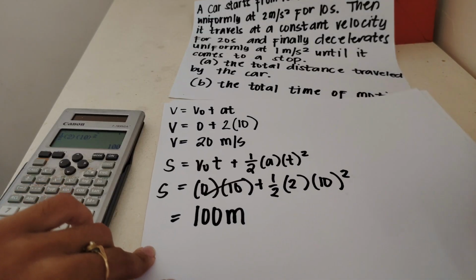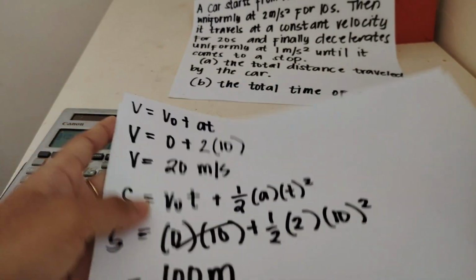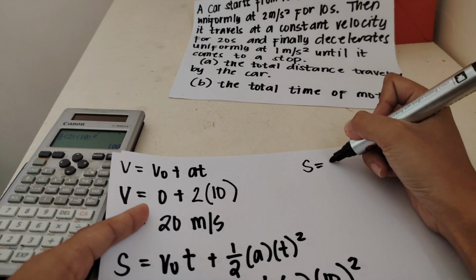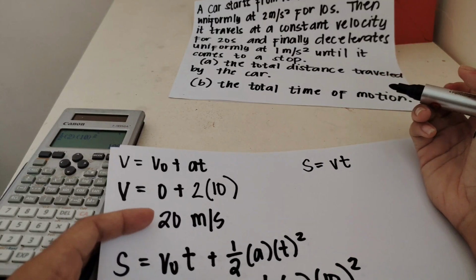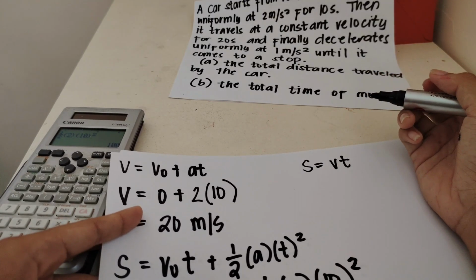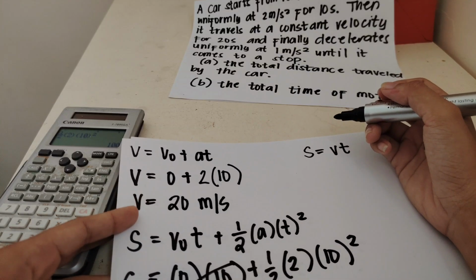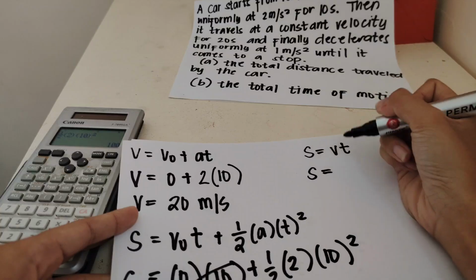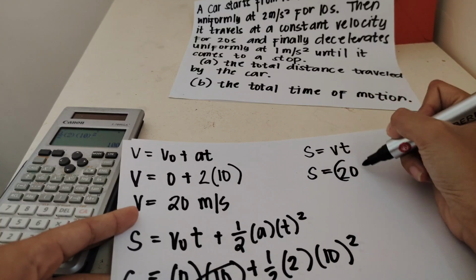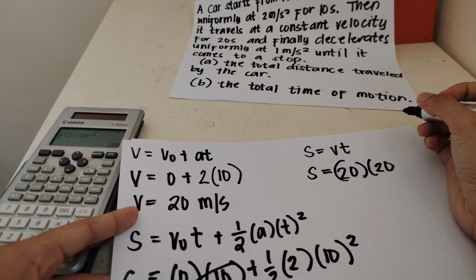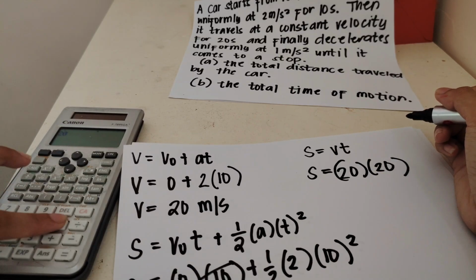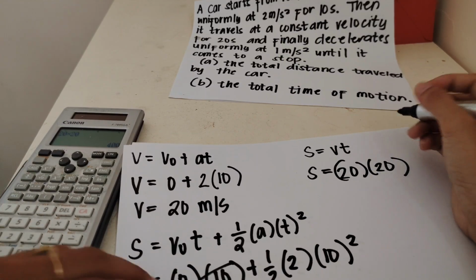So we will use the equation S is equal to velocity times time, since we have the given velocity and the given time. So S is equal to 20 times 20, which is 400.